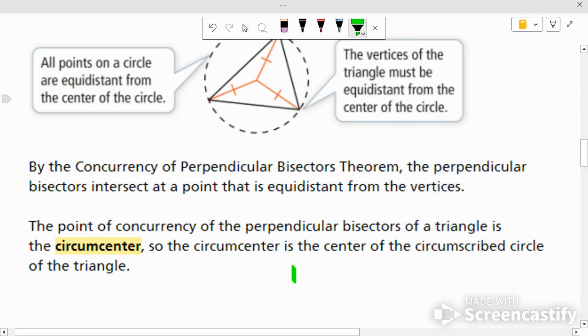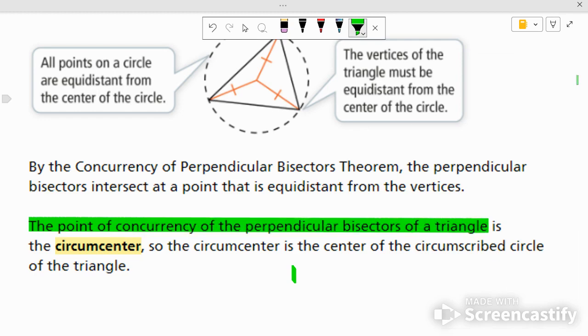It's called the circumcenter. So the point of concurrency of the perpendicular bisectors of a triangle is the circumcenter. Okay. So that's this dot right here is the circumcenter.